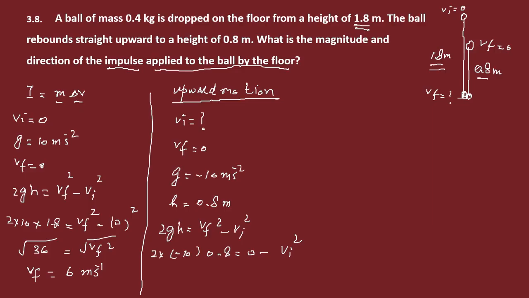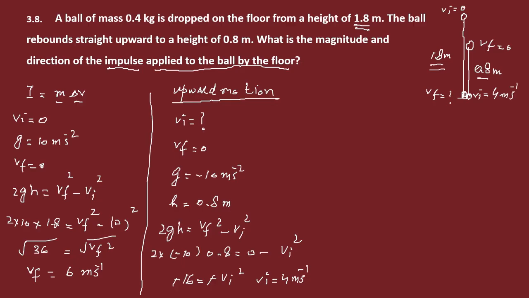Multiplying this, it will be negative 16, which is equal to negative Vi squared. Cancelling negative on both sides and taking the square root, we get Vi as 4 meter per second. It means that when the ball bounces upward, its initial speed was 4 meter per second.